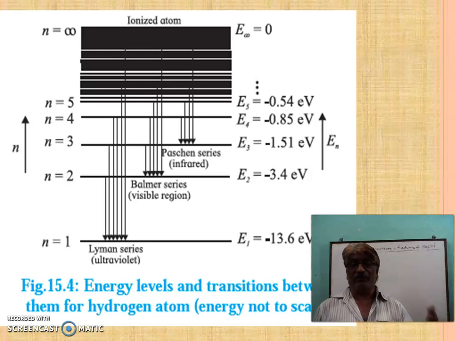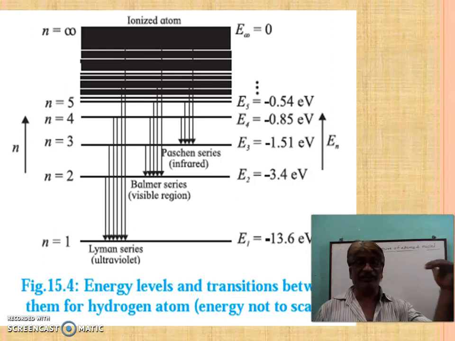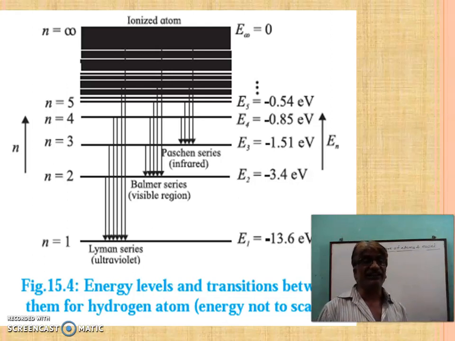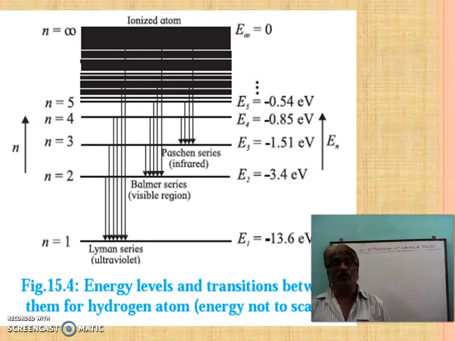Again, when we count 3 or 4 lines and draw a horizontal line, then n is equal to 4, and therefore E4 is equal to minus 0.85 electron volt.